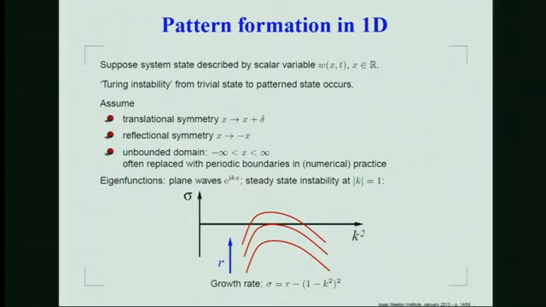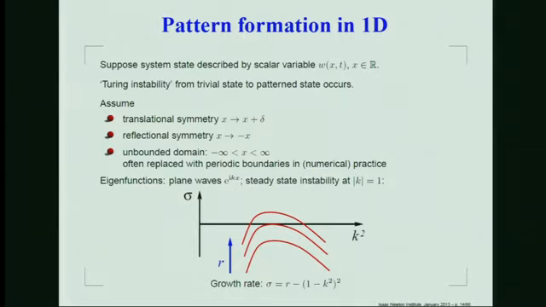So I'm going to have a variable w, which depends on one space coordinate x and time t, and I'm going to assume that my initial background state is completely homogeneous. So x would be the azimuthal variable in the electroconvection problem, apart from the curvature terms. And it's translationally symmetric and reflectionally symmetric in the easiest case.